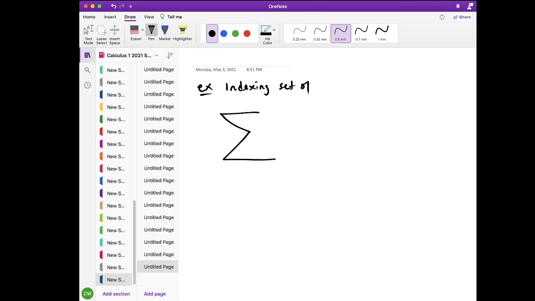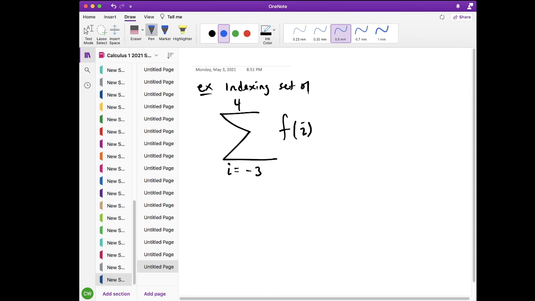We don't know all the things yet. I don't know what this f of i thing is yet, but can someone list out the indexing set? What's the first thing in the indexing set?